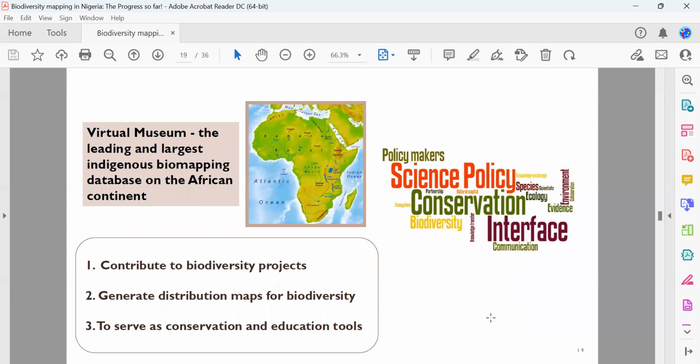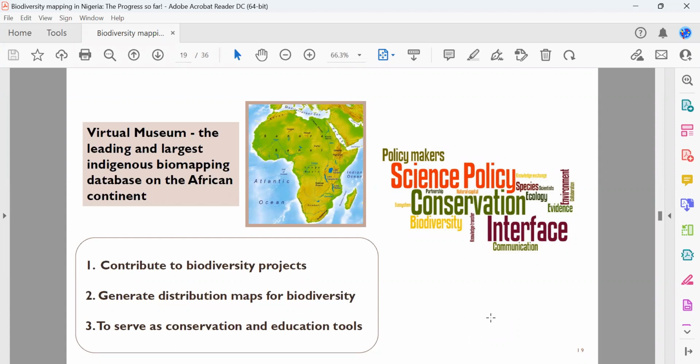It's the leading and largest indigenous biomapping database on the African continent. We know that iNaturalist is at the global level, and it is owned by some international communities, mostly in the United States. But this is one of the leading and largest indigenous biomapping databases on the African continent.